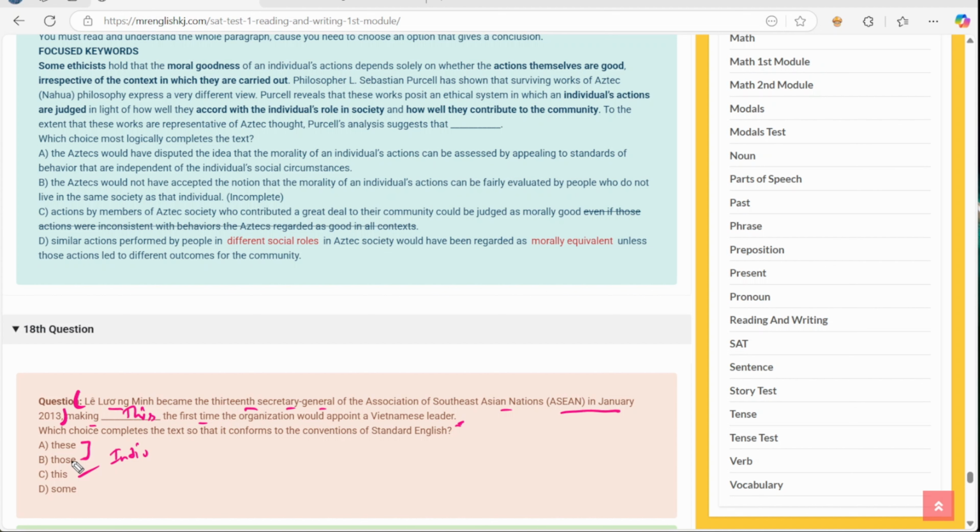This whole thing happened for the first time. That's why we are using this. We don't need to use the others because we are talking about the whole sentence. We are not talking about 1, 2, 3, 4, 5 people, so we need to use some. This is the only answer. If there was another one given, obviously it would be debatable, then we decide what to choose. Chances are we prefer that over this.